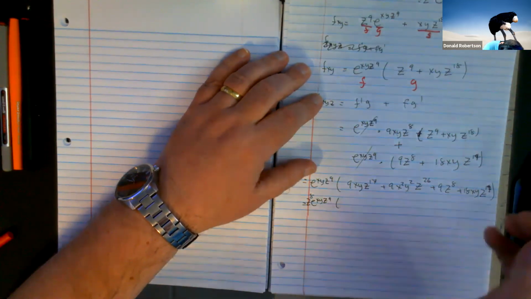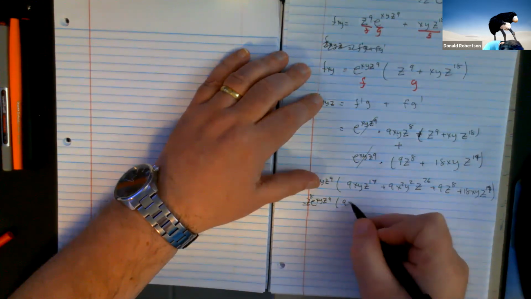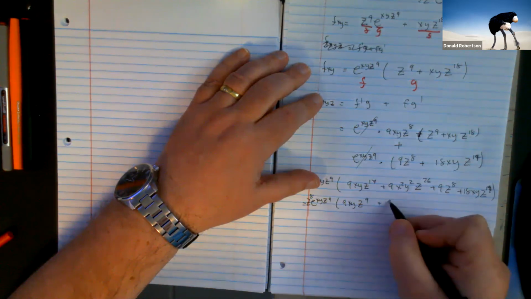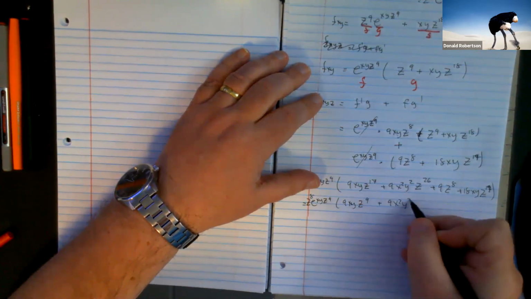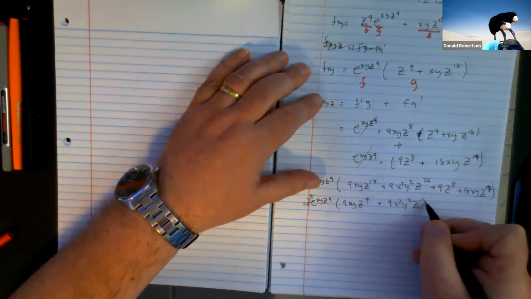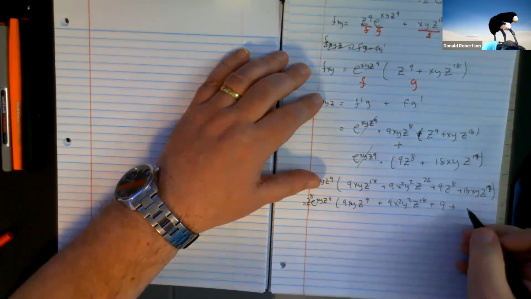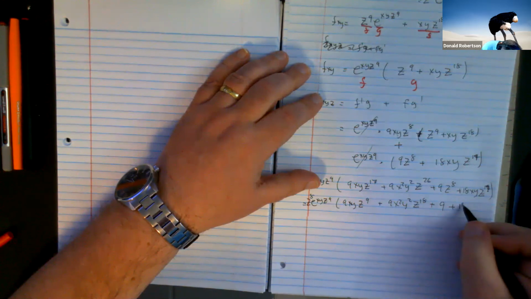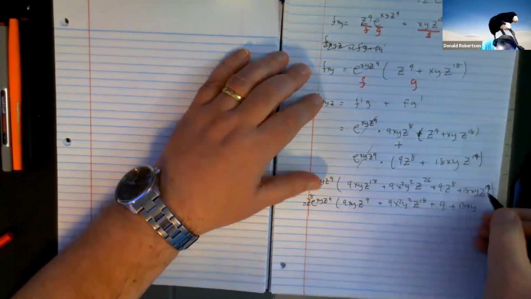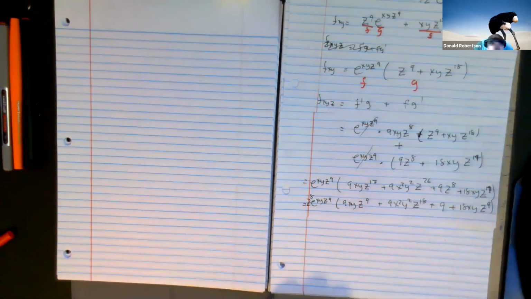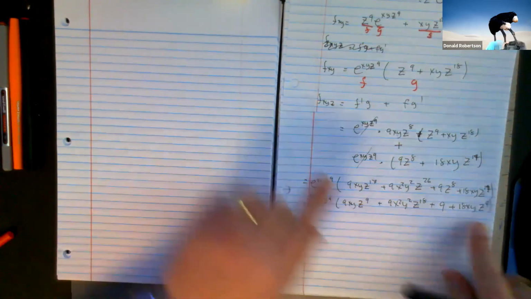If I pull out the z to the 8, I get 9xyz to the 9. I get a 9x squared y squared z to the 18. I get a 9, I guess that's something. And I get 18xy, z to the 17 leaves you with a z to the 9. Whoa! Those two guys can combine.